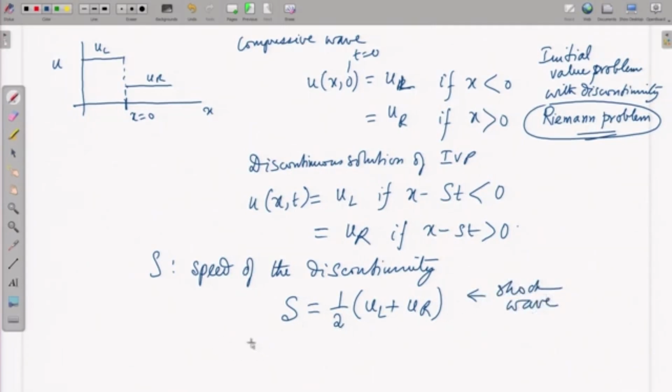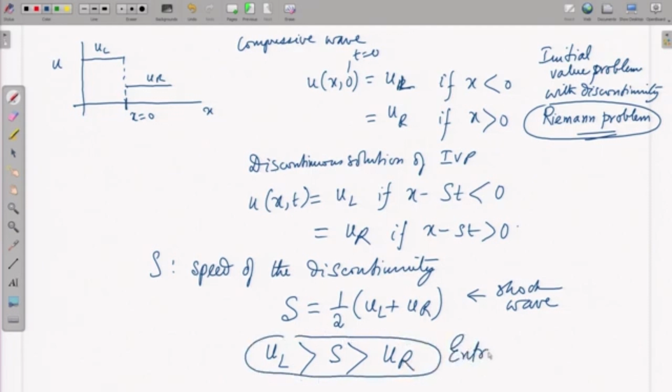You need to satisfy an entropy condition across the shock wave, that U_L is greater than s is greater than U_R. So, this is called the entropy condition.